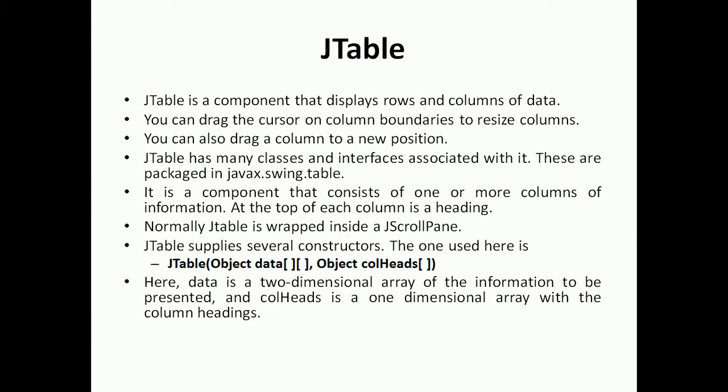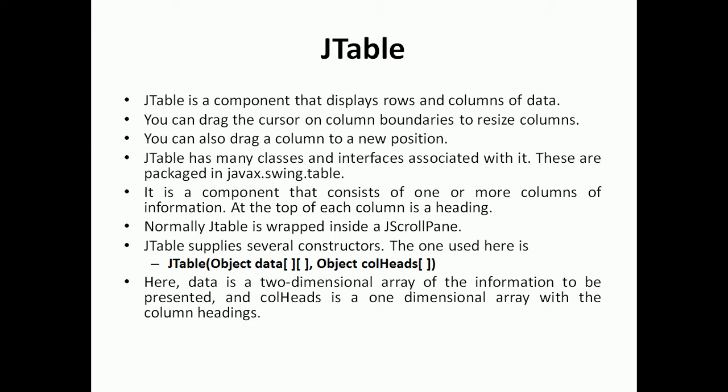So remember, here you can add the table to the JFrame, which is a top level container, where you need to provide the column attributes and the data you want to insert in the form of rows to the table. So it is a component that consists of one or more columns of information. At the top of each column is a heading, which are nothing but the attributes.